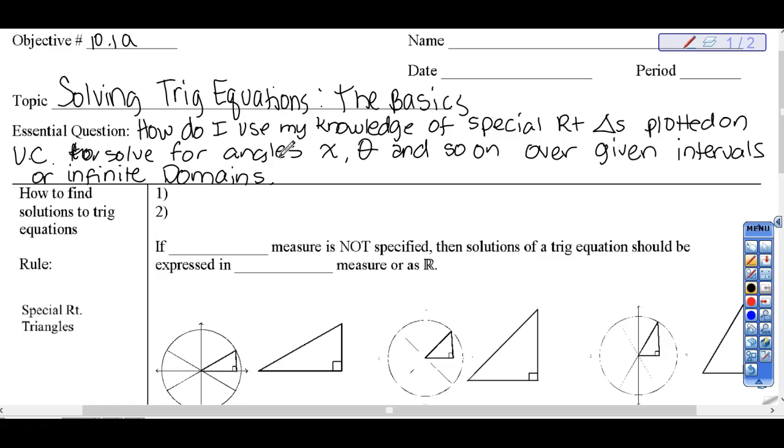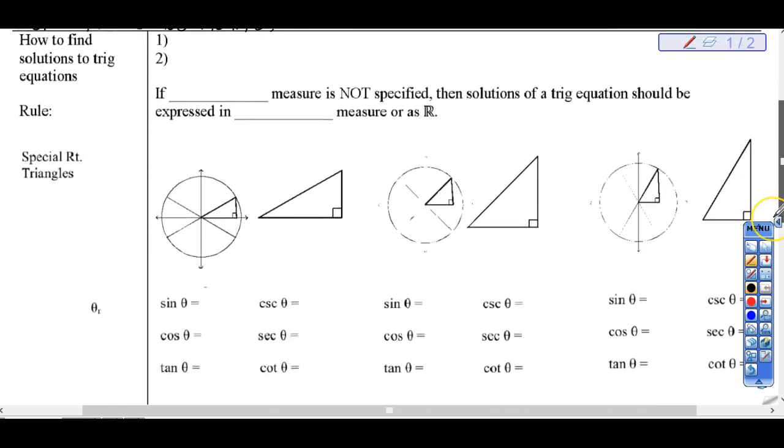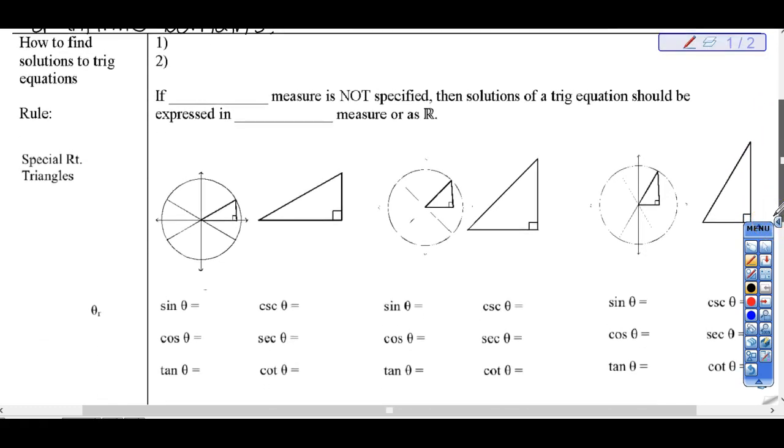Okay, so that should be a question. How do I use my knowledge of the special right triangles plotted on the unit circle to solve for angles x, theta, beta, gamma, whatever, over given intervals or infinite domains? All right, so how to find solutions.